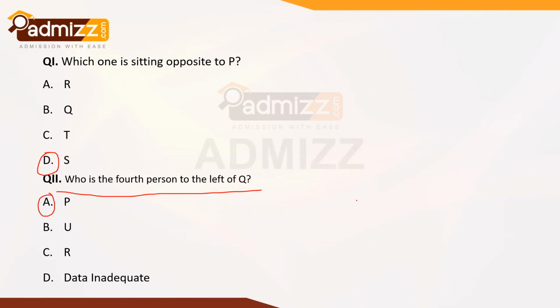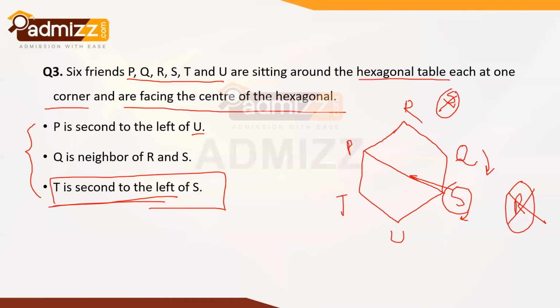Since some of you are not clear, I'll be explaining these two problems once again. I hope that everyone is clear about how we got this arrangement. We simply started with a hexagon and marked a random reference point, U. Then we started dealing with the hints and writing other elements accordingly.